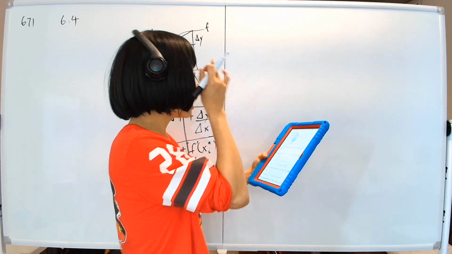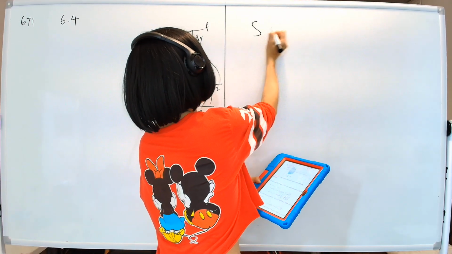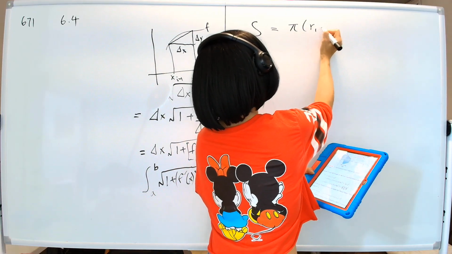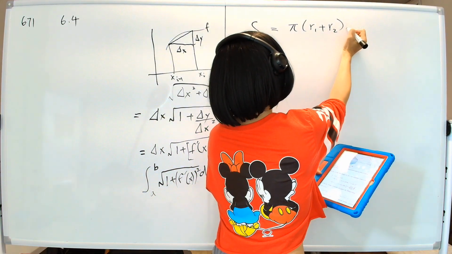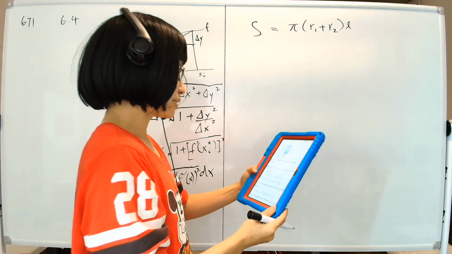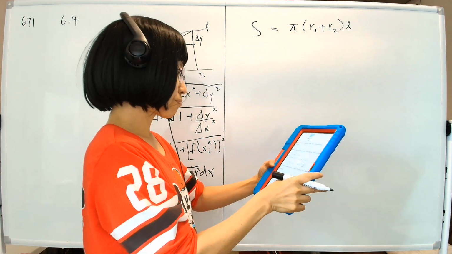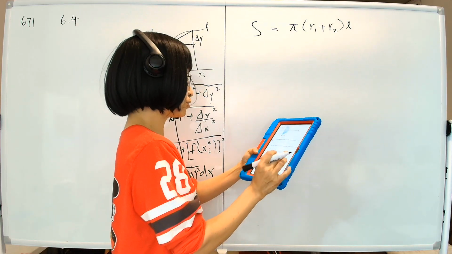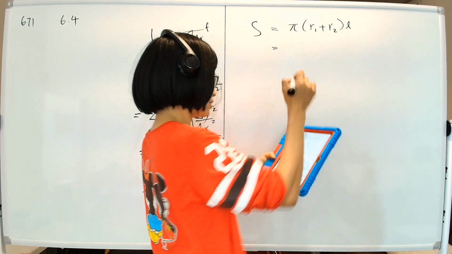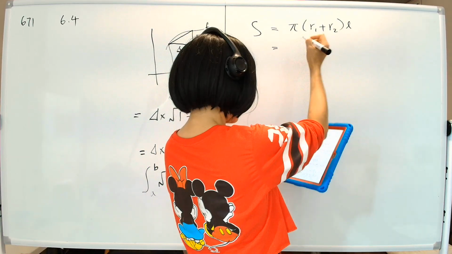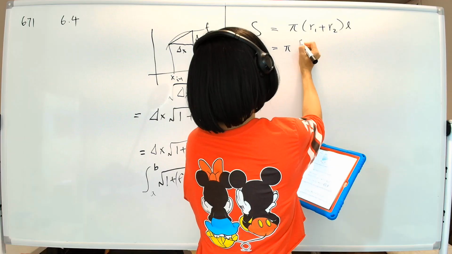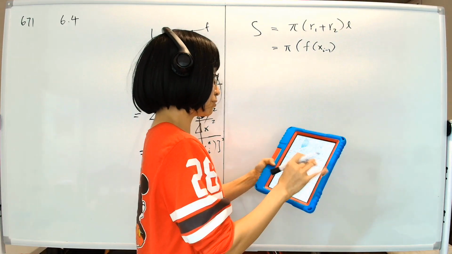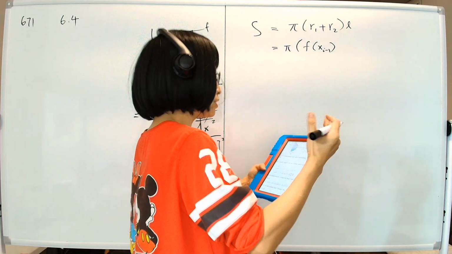So the surface area of one of the frustums, one little one, is pi times r1 plus r2 times the side length, which is L. We will calculate it as so: r1 is equal to f of x sub i minus 1, that's the first radius, and your book shows that.